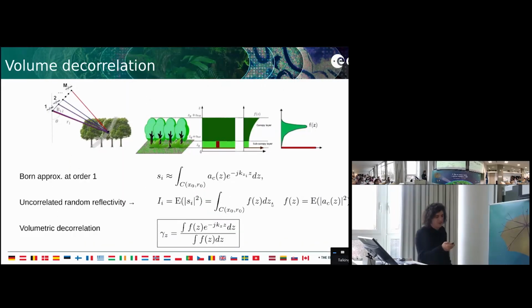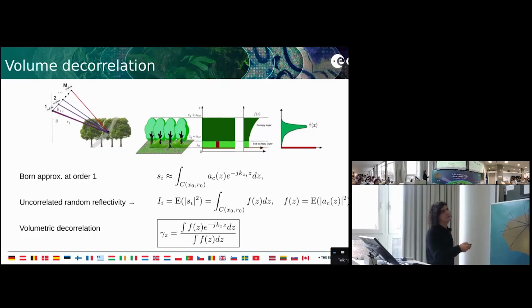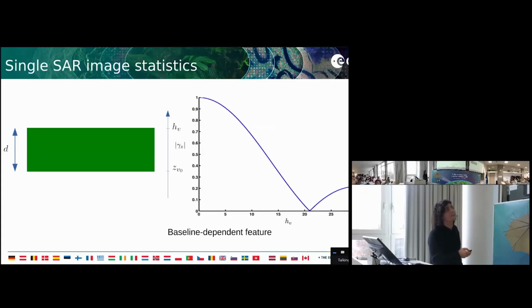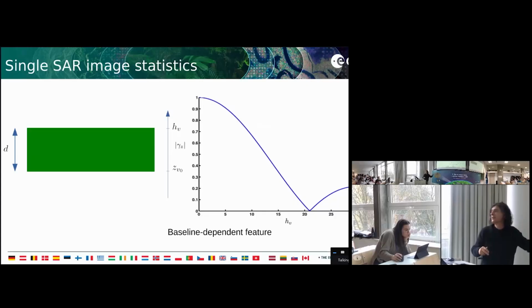Because here you have f of z, which is a rectangle, so if you compute this integral here, you get something which is a sinc. So only by measuring the modulus of the coherence, you will get an idea of the width of the volume.